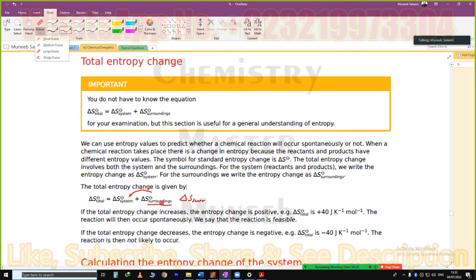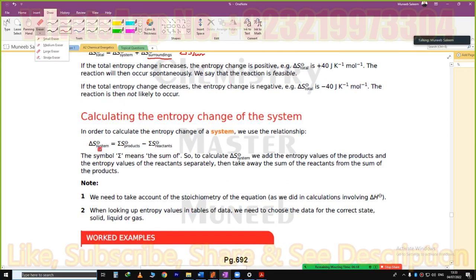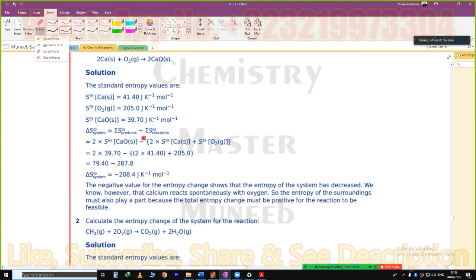Delta S total is equal to this equation, and delta S system is equal to products minus reactants. So you apply the same calculation and you get this value. The negative value for the entropy change shows that the entropy of the system has decreased, yet we know that calcium reacts spontaneously with oxygen. So the entropy of the surroundings must also play a part, because the total entropy change must be positive for the reaction to be feasible. So this reaction on its own is not feasible.